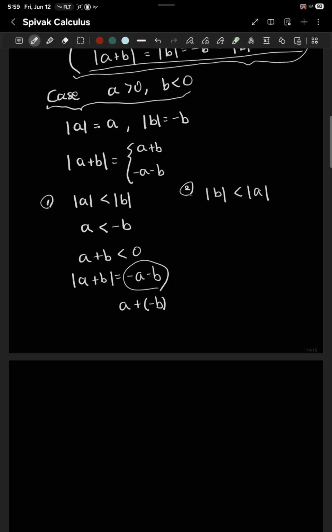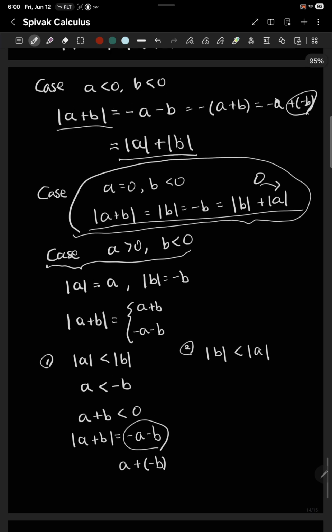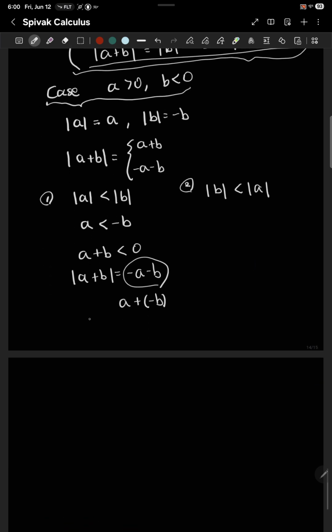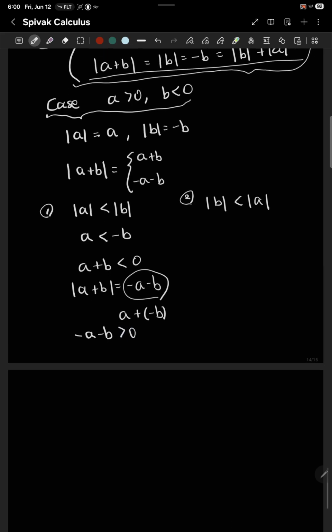So first of all, minus A minus B is less than... it is a positive value, right? It's a positive value. Let's think of it in that term because it's an absolute value.